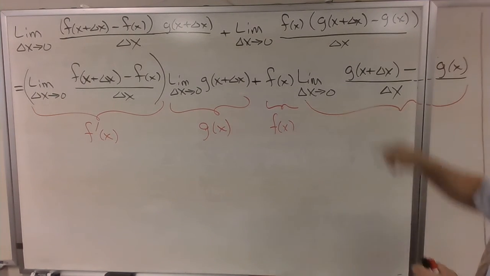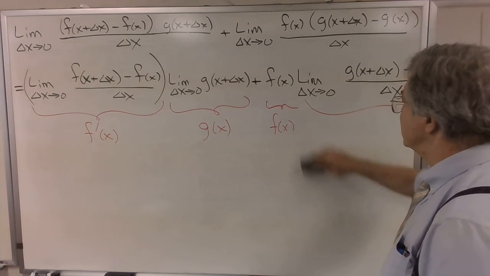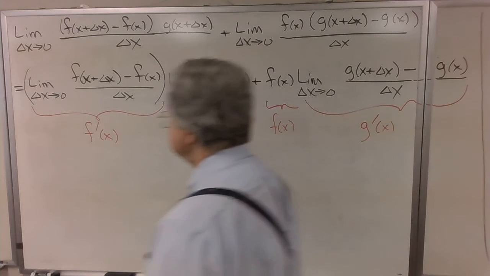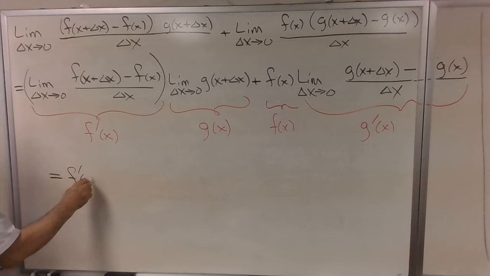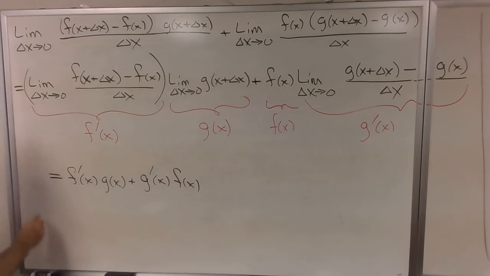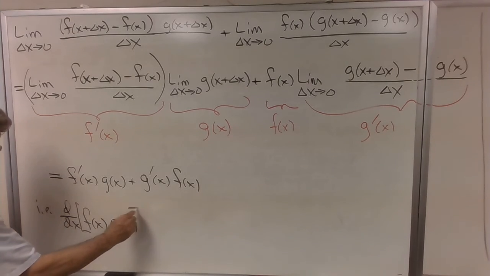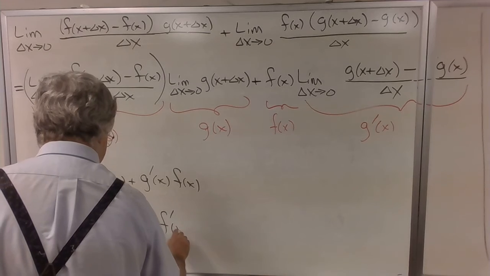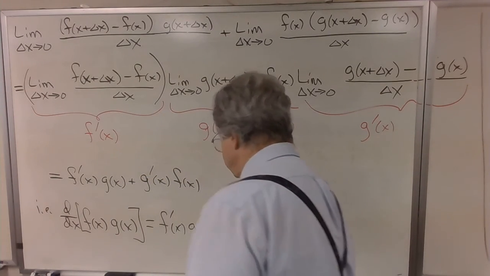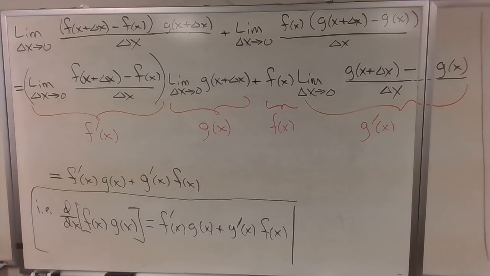This thing is g prime of x. So I have f prime of x times g of x, plus g prime of x times f of x. We just did the product rule.